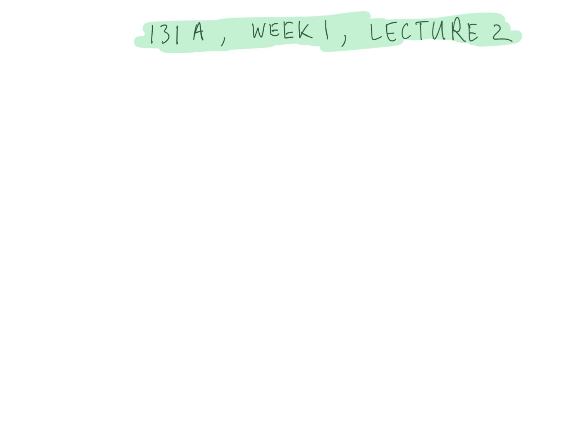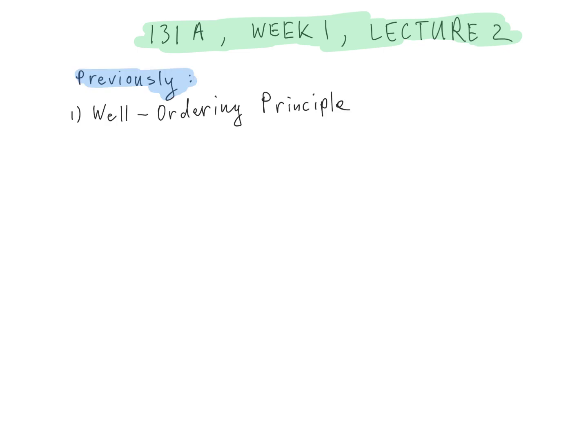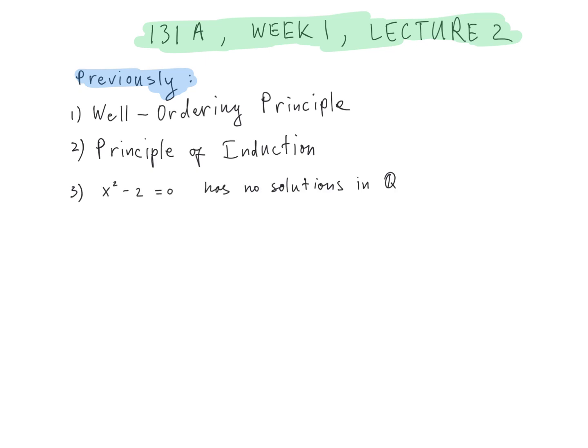We begin by recalling the material that we have covered in the previous lecture. We have discussed the well-ordering principle of the natural numbers, the principle of induction, a quintessential tool for proving various properties that hold for every natural number n simultaneously, or starting from some given integer.